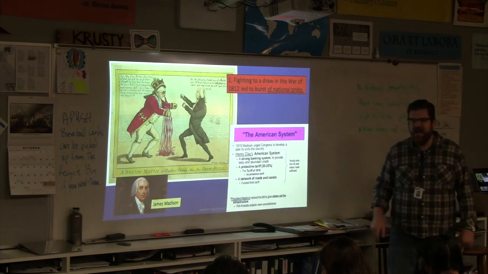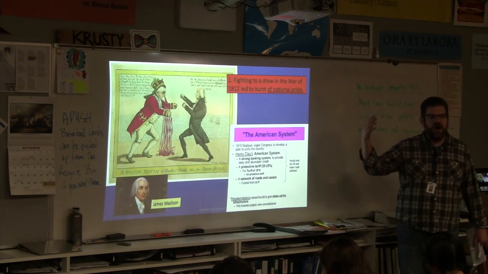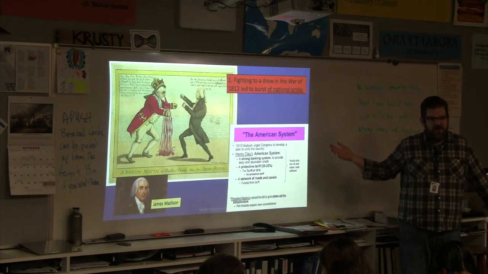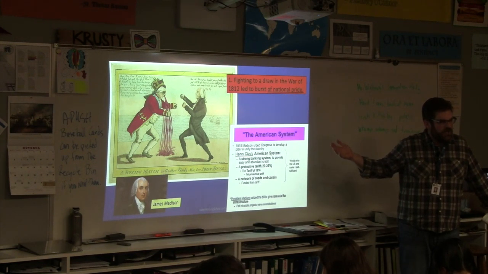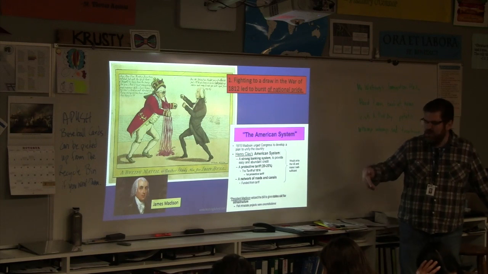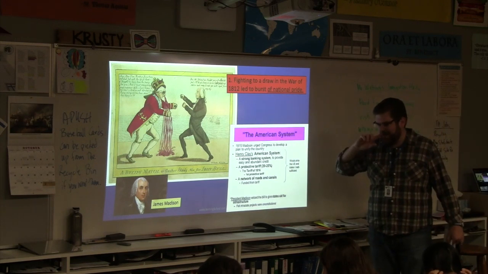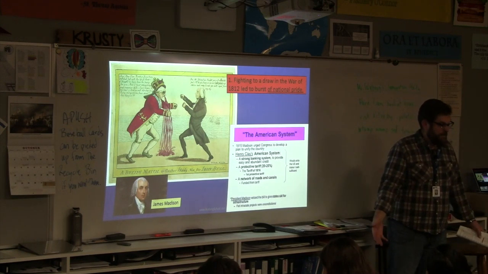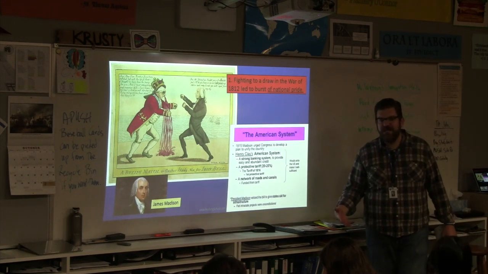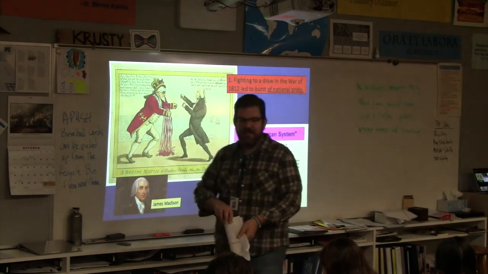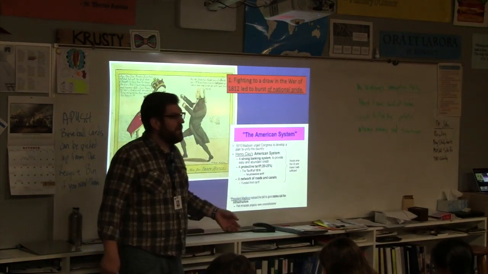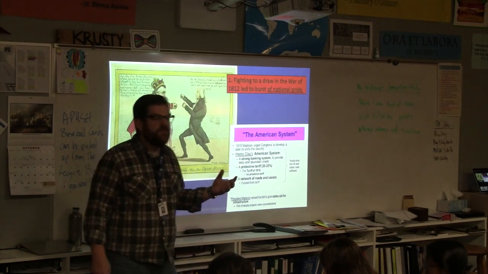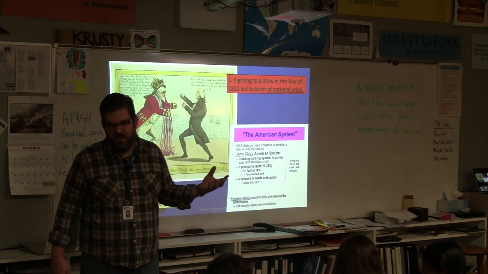Second, to have a protective tariff to protect American manufacturing. Basically, we have a new emerging manufacturing sector. We should put a tariff on imported goods to make it more possible for that sector to thrive. And then lastly, to build infrastructure. The word infrastructure didn't exist in the early 1800s, so they referred to them as, another term that means kind of nothing to us now, the internal improvements.